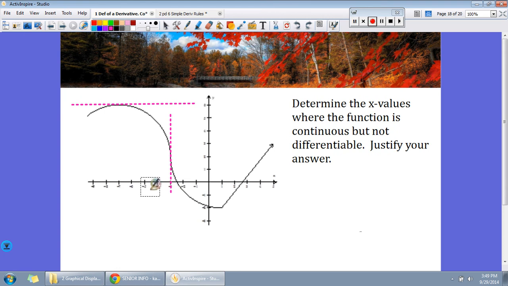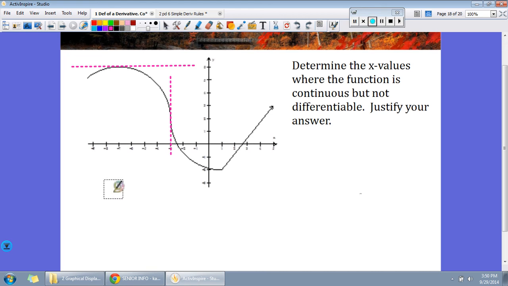So it's an important skill for you to be able to determine x values where the function is continuous but not differentiable. And on this particular function, we have a vertical tangent line at x equals -3, and a horizontal tangent line at x equals -7. Well, first of all, this function is continuous everywhere because we don't have any asymptotes, any holes, any jumps, anything like that.